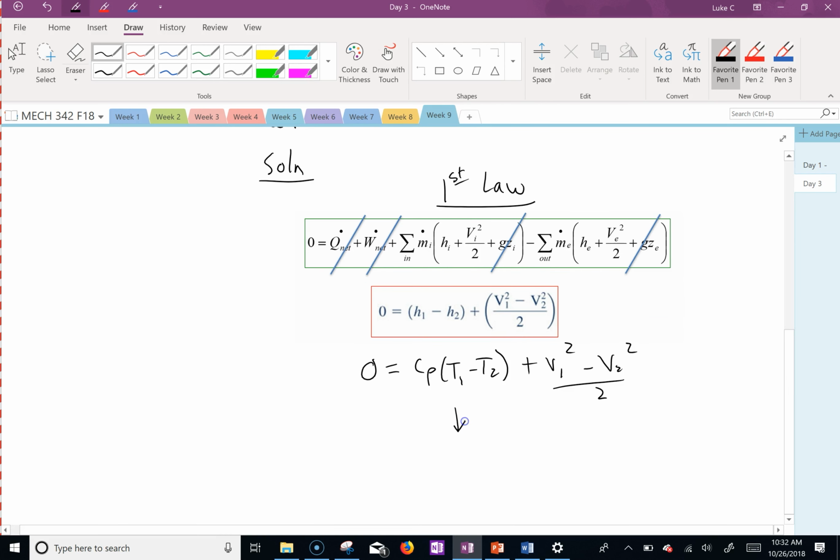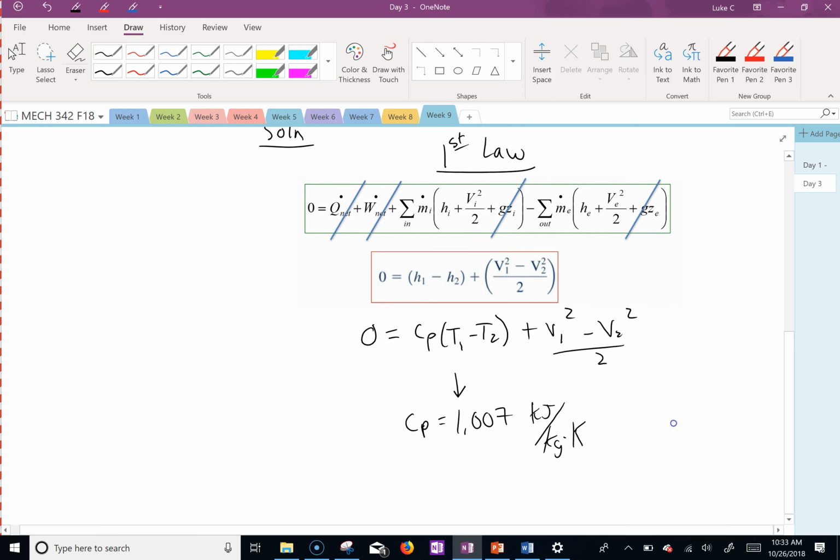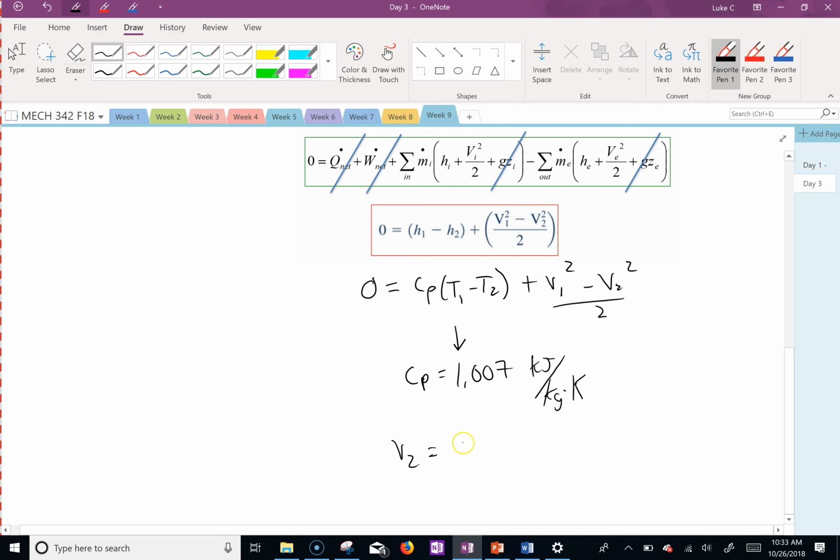And CP is 1.007 kilojoules per kilogram K. So now you're going to start looking up CP values. Try not to get that confused with CV. People do that all the time. And you end up getting V2 to be 40.7 meters per second.